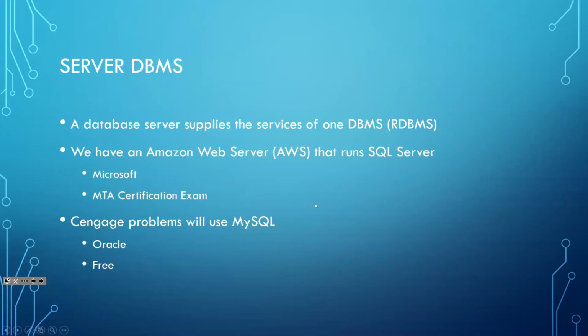We have a database management system, a database server. And remember, a database server is a server that supplies the services of a database management system. That database management system could be Oracle, it could be MySQL, it could be all sorts of different database management systems. Us, we have an Amazon web server that runs SQL Server.